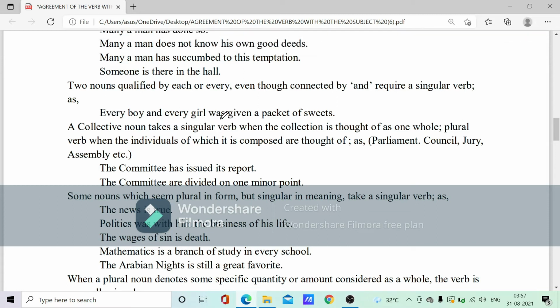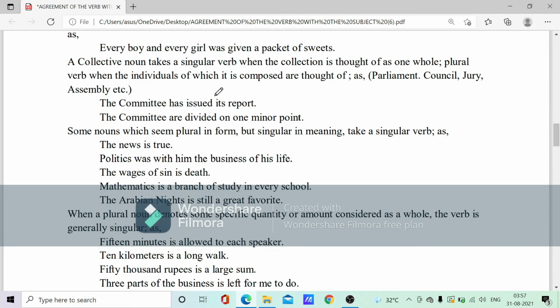So you have to apply was, not were. Again the rule here is two nouns qualified by each or every, connected with and, followed by any noun. In that case you have to apply a singular verb.